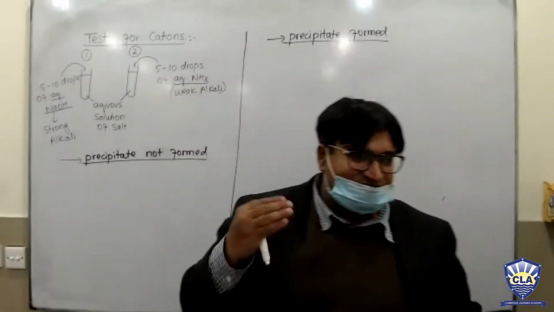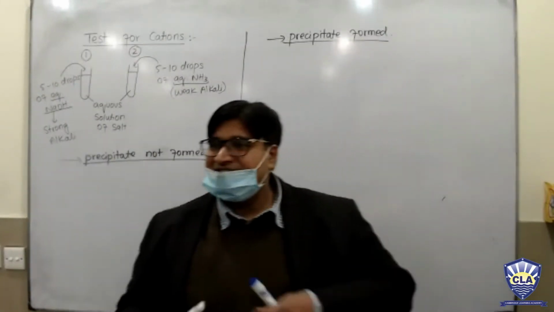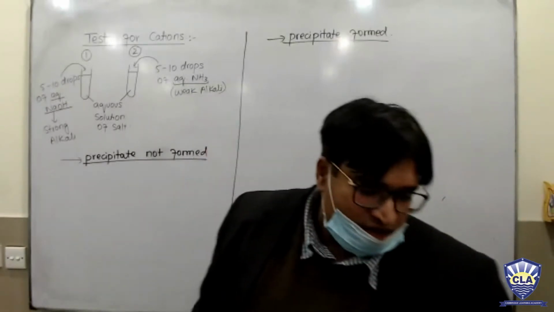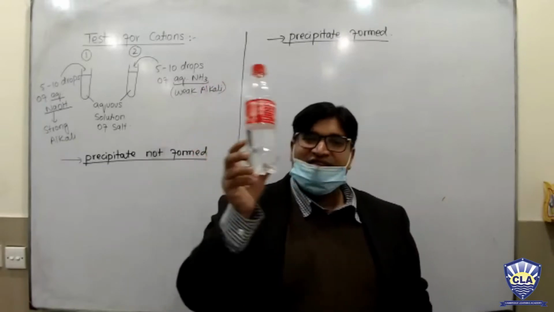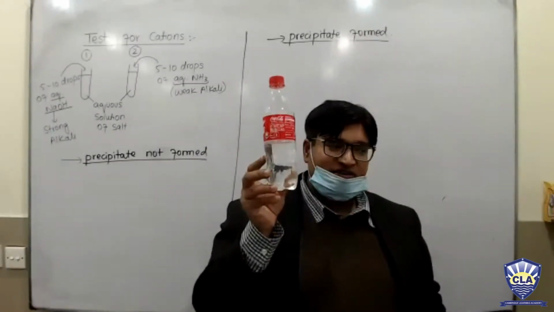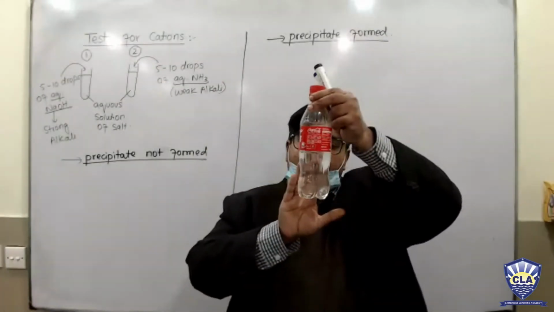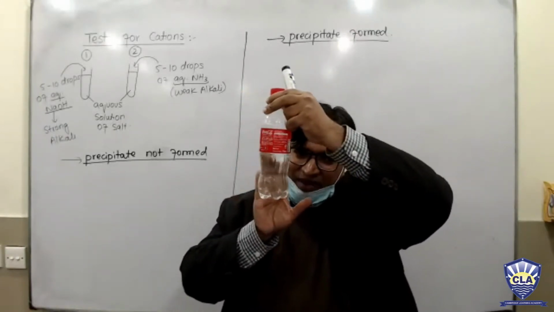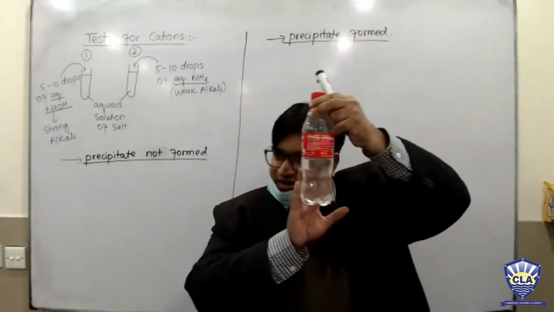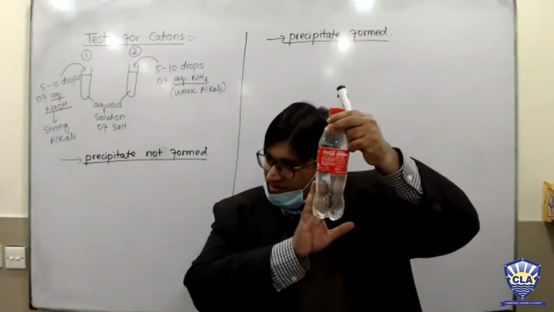Precipitate, what does precipitate mean? Let's suppose this is my bottle. Have a look. This bottle has water inside it. If I put my hand up there, are you able to see my hand a little bit? You can see it.